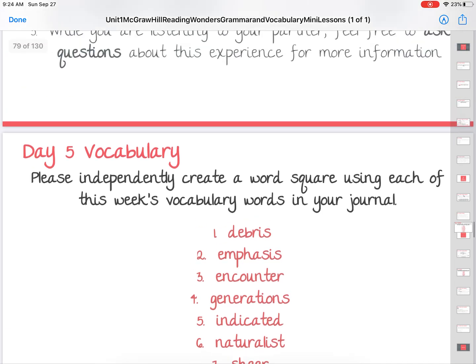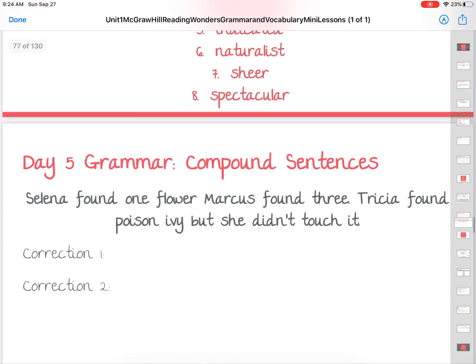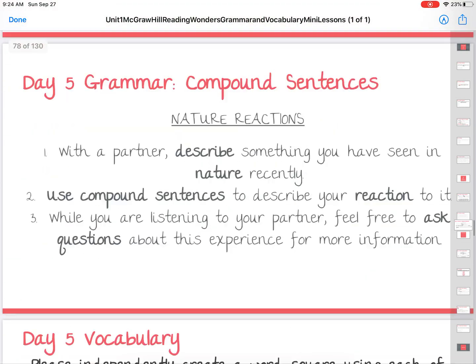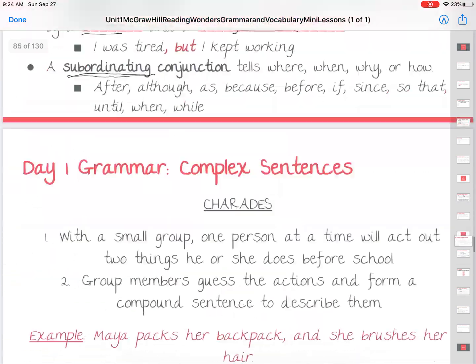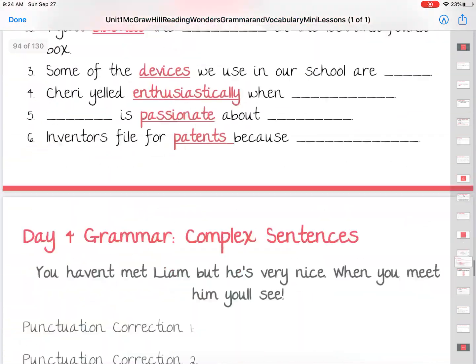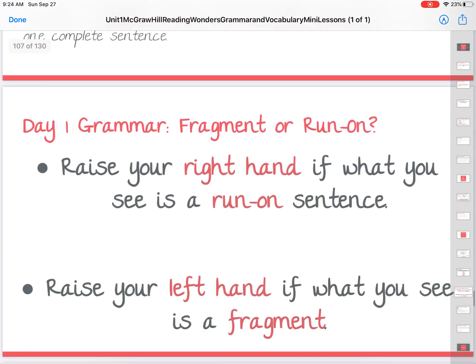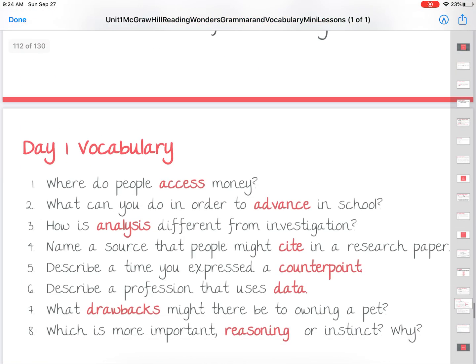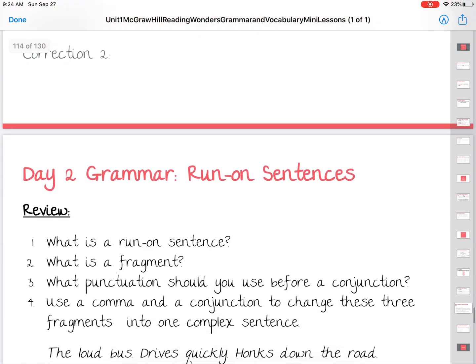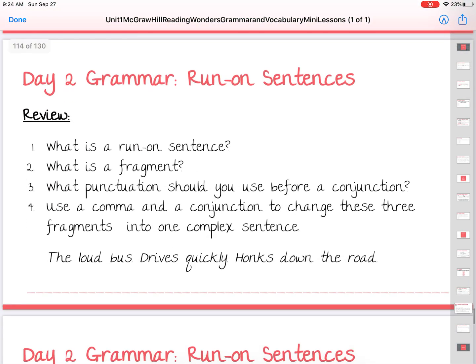There it is. We are going to dive into a little bit of review today to start off. That's week 4. I had it all set up. There we go. Okay, so real quick, a review. What is a run-on sentence?